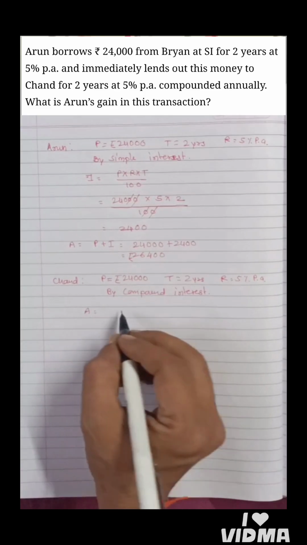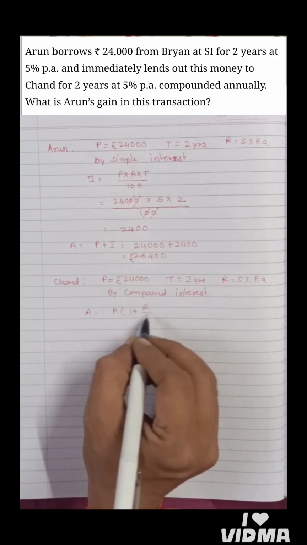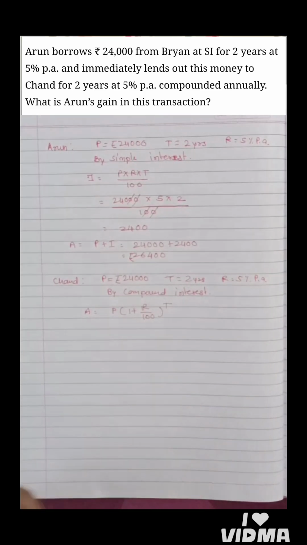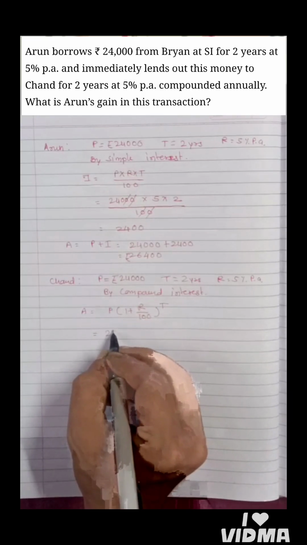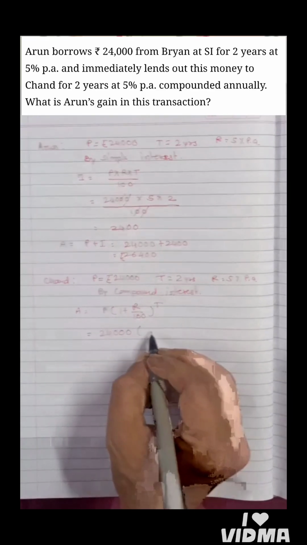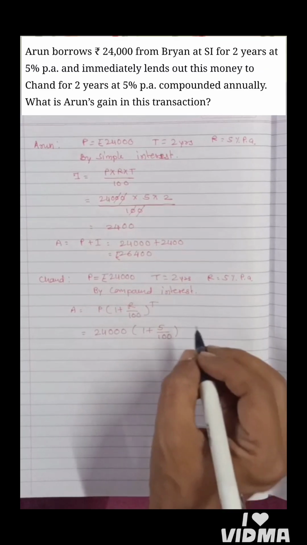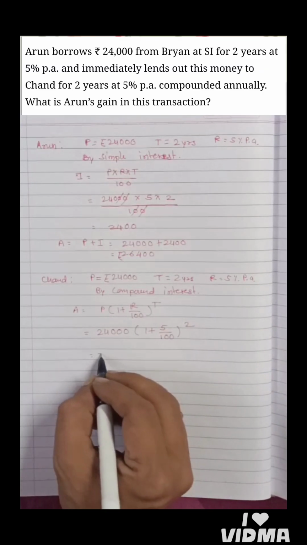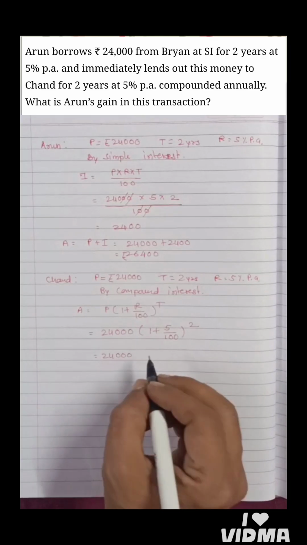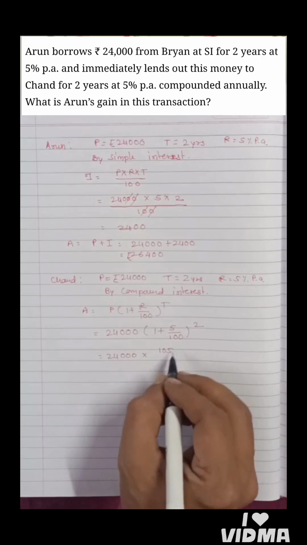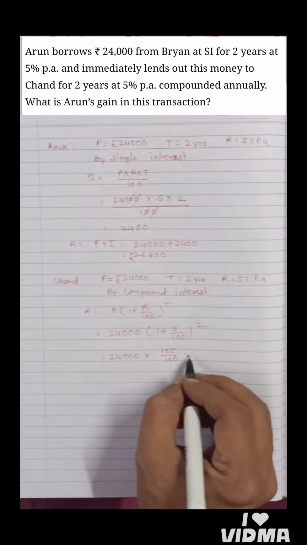So amount is P into 1 plus rate upon 100 to the power T. Your principal is given as 24,000, 1 plus rate is given as 5 upon 100, and for 2 years. So it is 24,000 into 105 upon 100, whole square, that is 2 times.